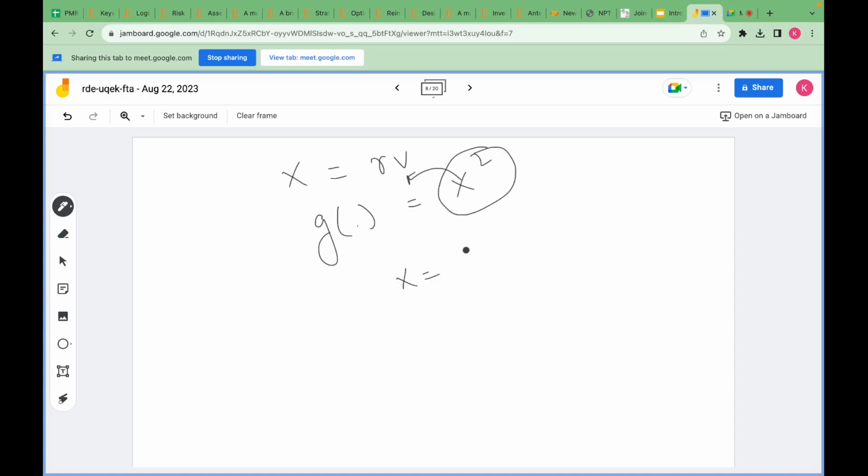This random variable has a probability density function, something like this.